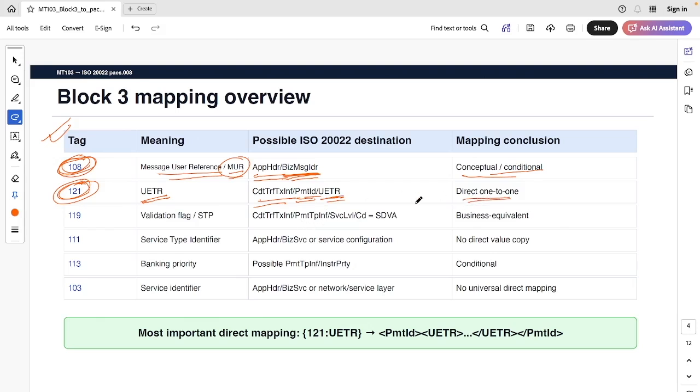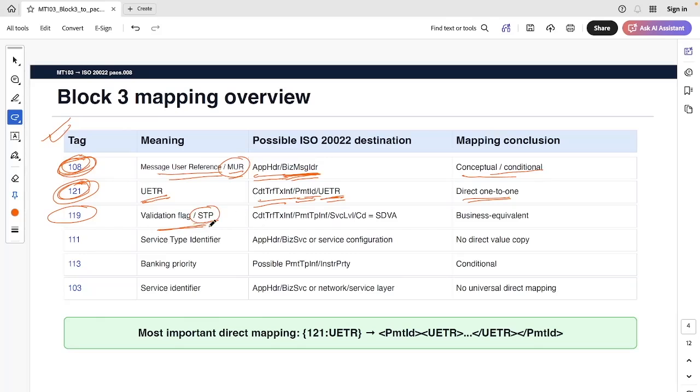Next, coming to field 119. This field is called validation flag. A common value you will see in field 119 is STP, which stands for straight through processing. So when you see this, it's telling you that the message is the STP variant of MT103, meaning it was built to follow a stricter, more automation-friendly rule set that requires certain fields to be filled in a specific, unambiguous way, so banks can process it without manual intervention.